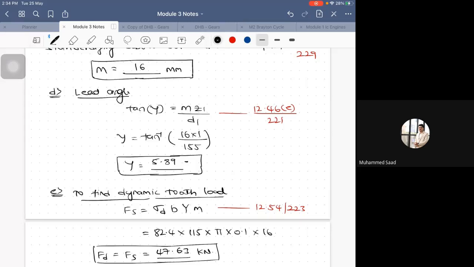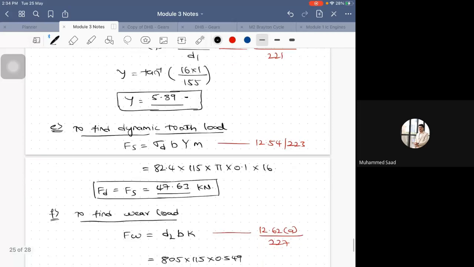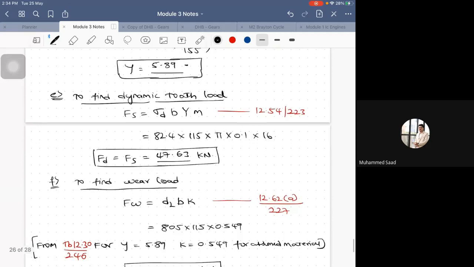Now calculate your wear load. In order to calculate the wear load, you have expression 12.62, D2 B K. In that, you know the value of D2, you know the value of B, you don't know the value of K, that you can get from the table 12.30 for the lead angle from 0 to 10 degrees.